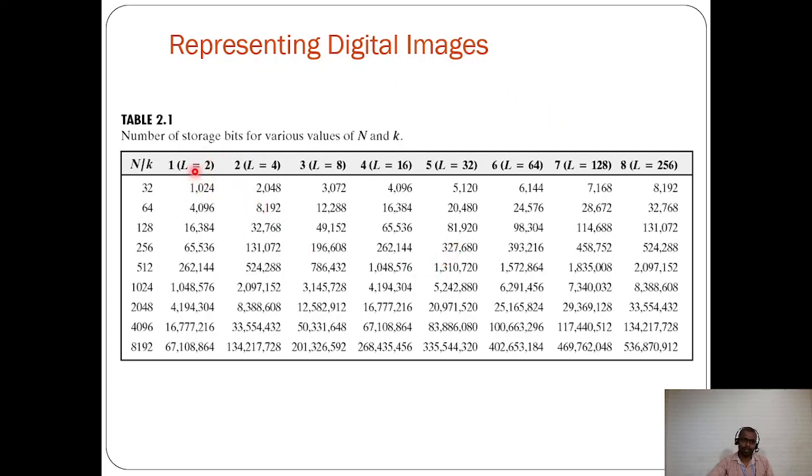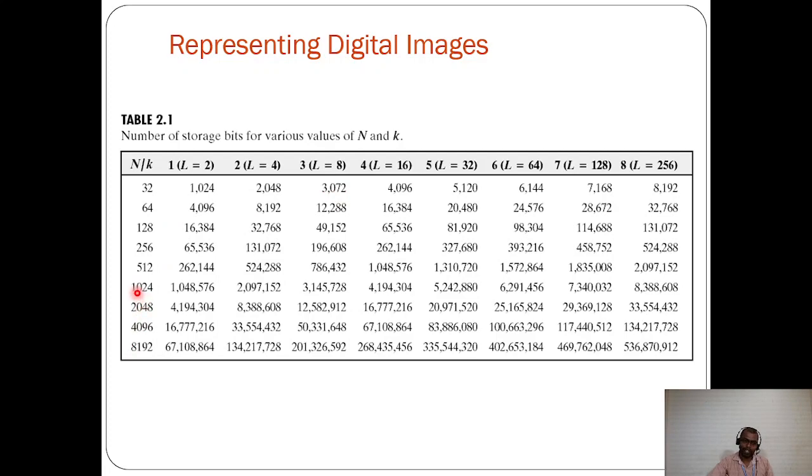Suppose you are using level 2, level 4, level 8, level 16 and so on, which means 5-bit representation, 6-bit representation, 7-bit representation, 8-bit representation. Suppose the image size is 32 by 32, and I am trying to store it in level 8, which is a 3-bit level. So the number of bits is 3072 bits.